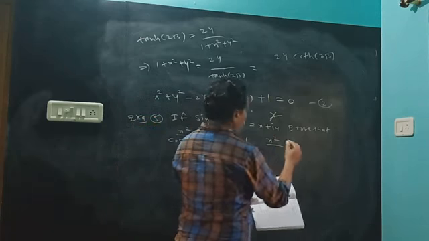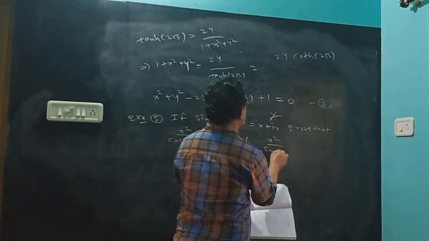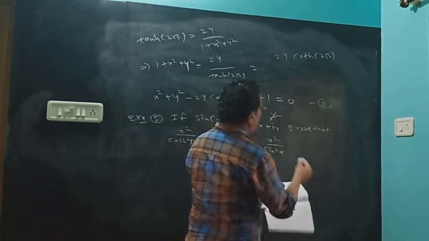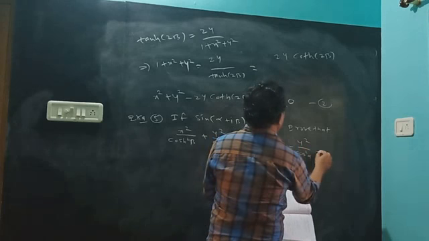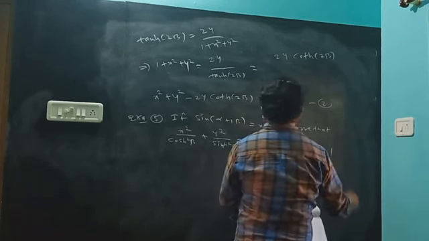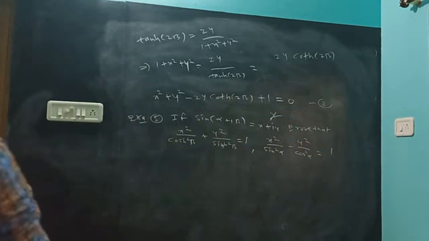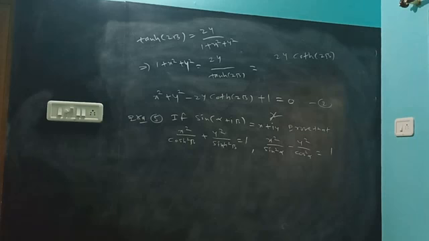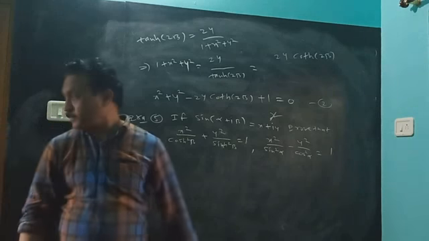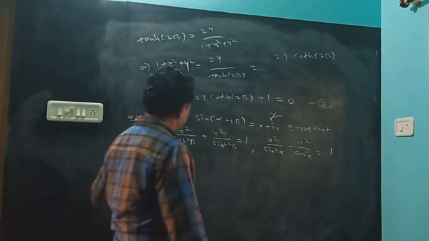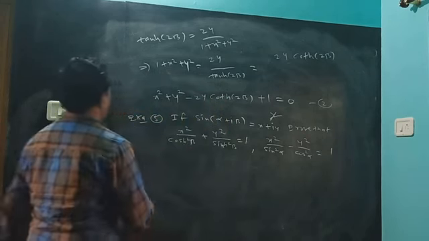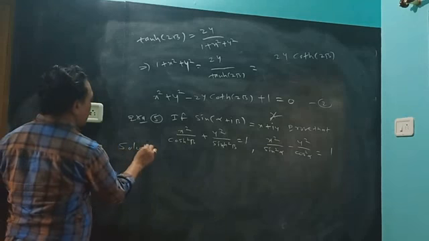Second result: x square upon sin square alpha minus y square upon cos square alpha equals 1. So both results, one trigonometry and one hyperbolic trigonometry, again using hyperbolic functions.